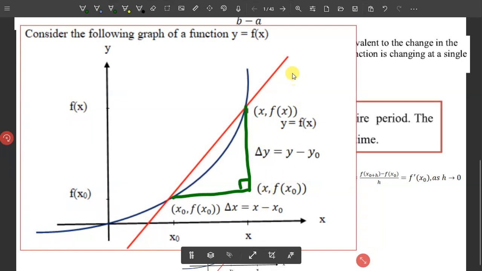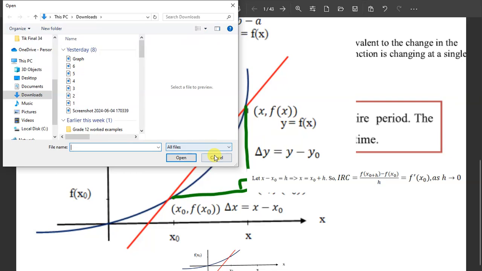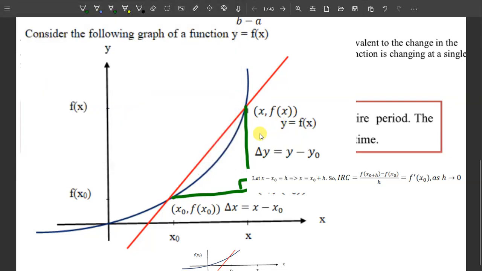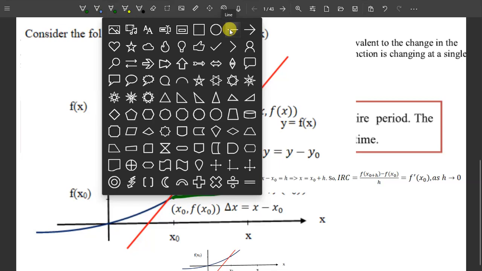I wish I could demonstrate using some movable line, but my technology cannot bear that, and therefore let us see. Suppose we pull this thing down. Let us take this line.